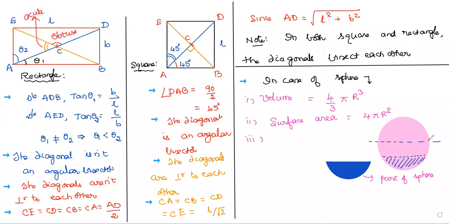Okay. So in this case, if it is not hemisphere, part of sphere, how to calculate its area? For that, very simple.